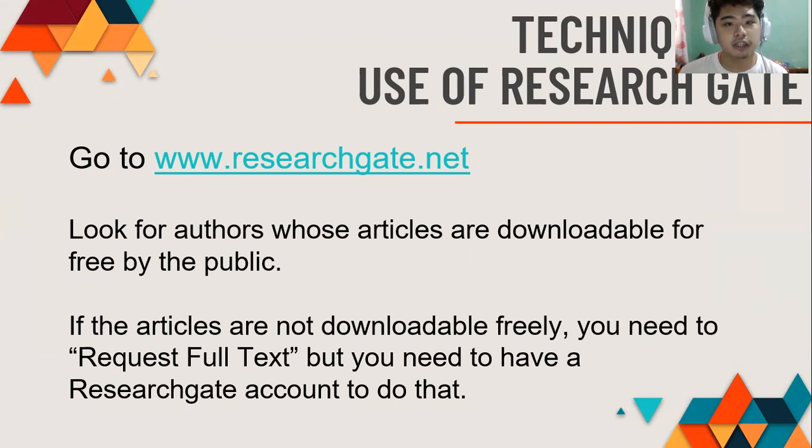Go to researchgate.net. Look for authors whose articles are downloadable for free by the public. If the articles are not downloadable freely, you need to request the full text, but you need to have a ResearchGate account to do that. So let's see.